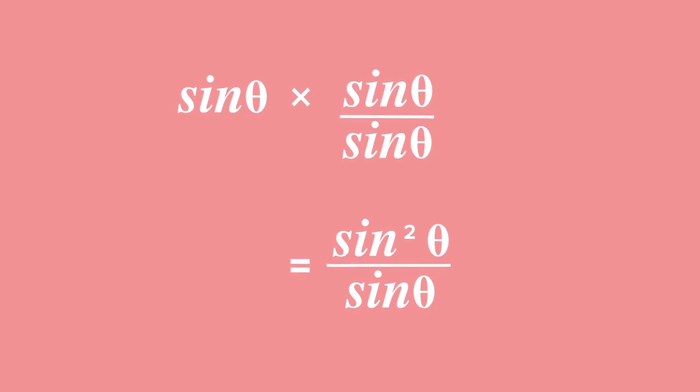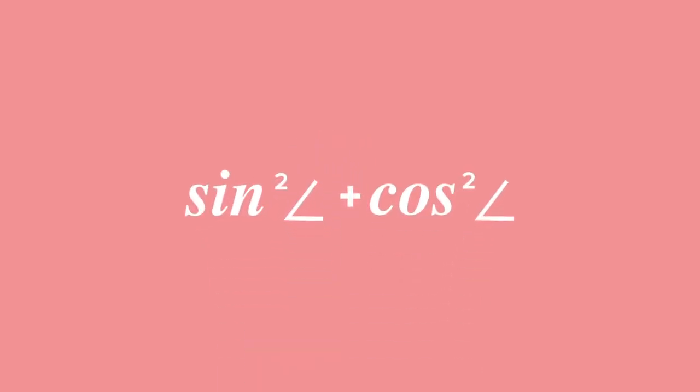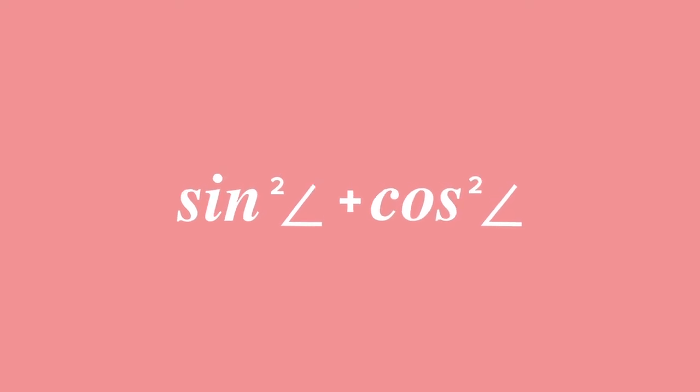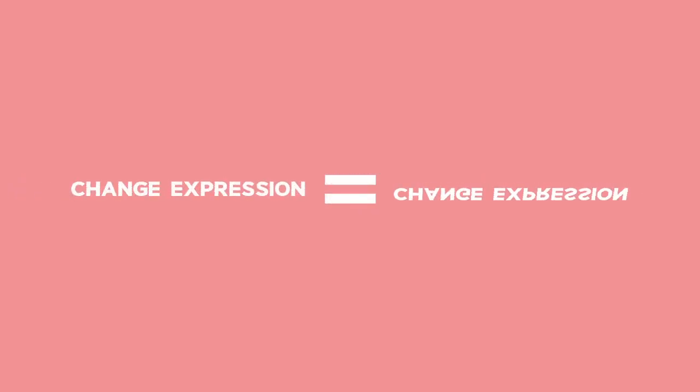So it may be necessary at times, depending on the identity you've been asked to prove, to add to the expression. You could also add something like 1 to the expression, where you can change the number 1 to sine squared of an angle plus cos squared of the same angle. The identity, which you've been asked to prove, determines how you will need to change your expression on either side of the equality sign.